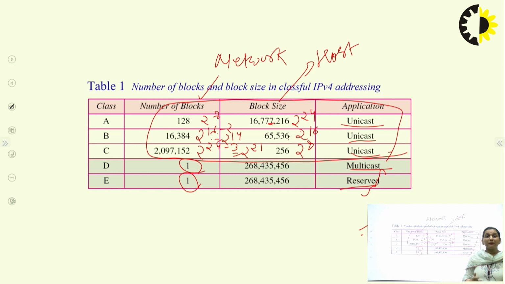This makes classful addressing very tedious to use, and it causes wastage of IP addresses. This is the origin of classless addressing, and IP version 4 is currently using classless addressing.